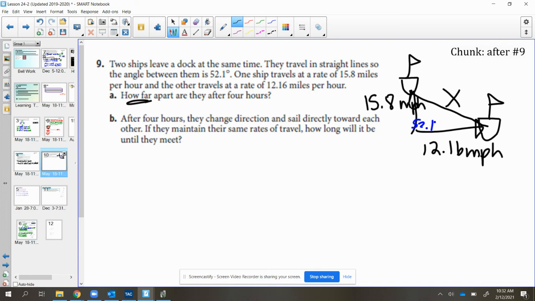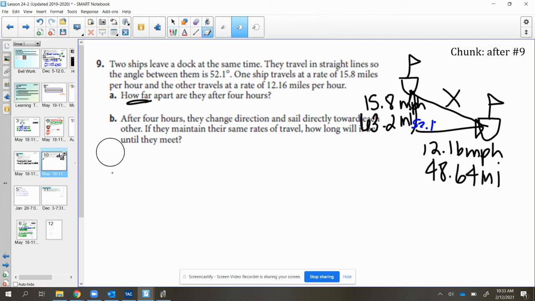So first thing we're going to do is we're actually going to convert these, because after 4 hours of traveling at 12.16 miles per hour, we've actually traveled 48.64 miles. And then after 4 hours traveling at 15.8, this one would have traveled 63.2 miles. Okay, so now that we have that information, we can set up to solve.